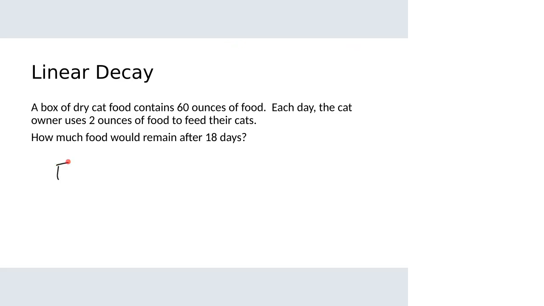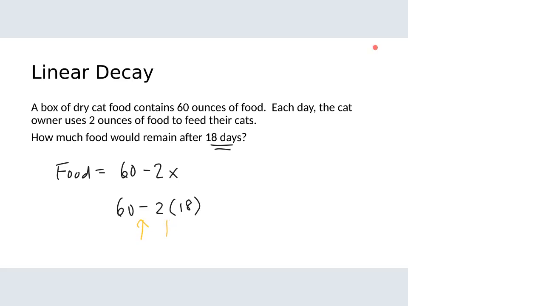We'd start out here by creating that model. The amount of food that remains is 60 minus 2x, where x is the number of days. And if we want to know how much is left after 18 days, then we're going to have to do 60 minus 2 times 18. And again, we're going to follow order of operations when we simplify this. We have subtraction and multiplication.